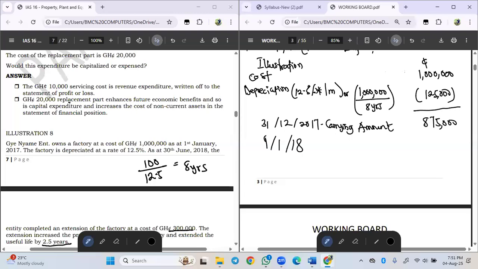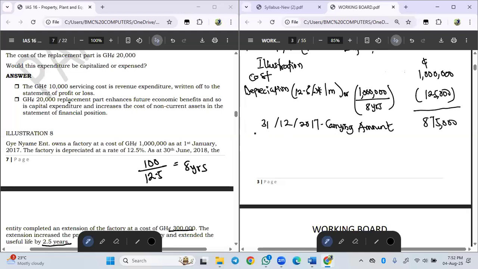But the subsequent expenditure didn't happen on the first day of 2018. It happened at the end of June. So we have to calculate the depreciation for that 6 months, from 1st January 2018 to 30th June 2018, when the subsequent expenditure occurred.